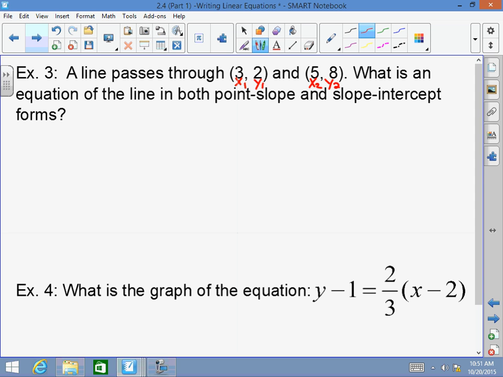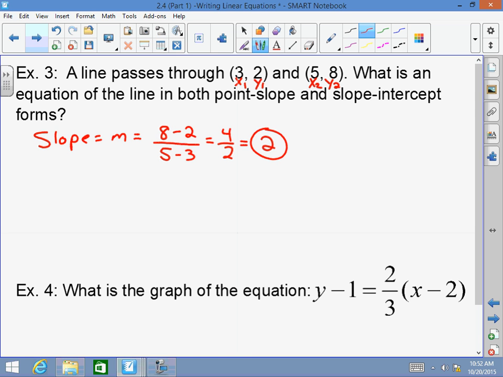In this case, they gave you the x1, y1, but they did not give you the slope. So my slope, which remember is the m, equals y2 minus y1 over x2 minus x1. So this would be 4 over 2. So my slope is 2.